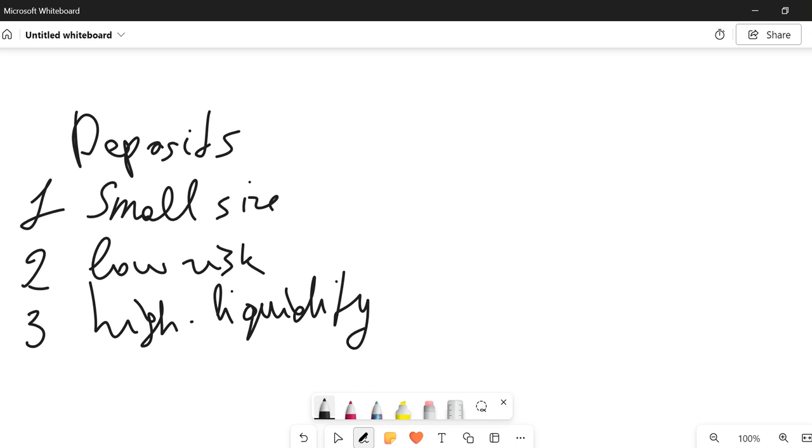Next step is the low risk. What's the low risk? Think that you save $1,000 in the bank, okay, and the bank uses this deposit to fund a company's financial activities.